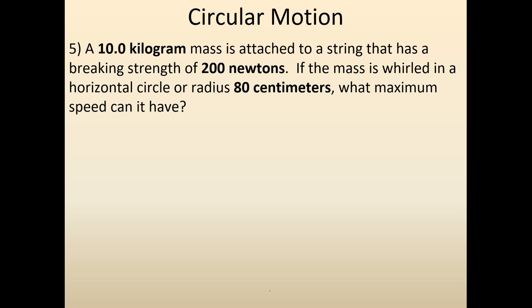All right. So they want us to figure out the maximum speed we can have. Once again, the big thing to take away here is that notice they don't say the word centripetal force. They call this a breaking strength of a string. So very clearly, this is referring to a tension force. So what I can do is set my tension force equal to the centripetal force.